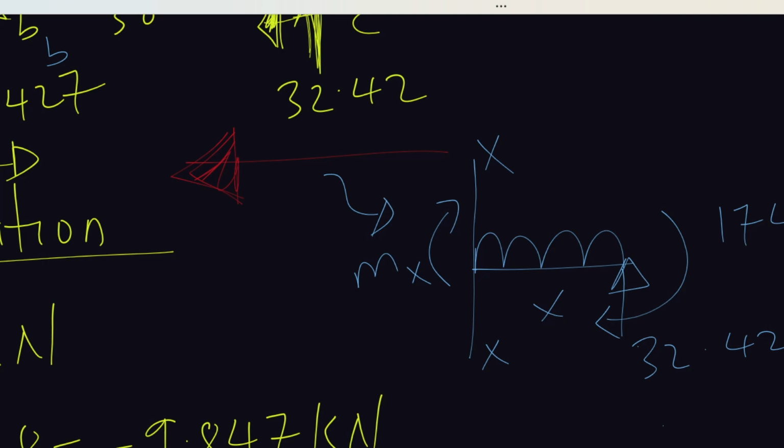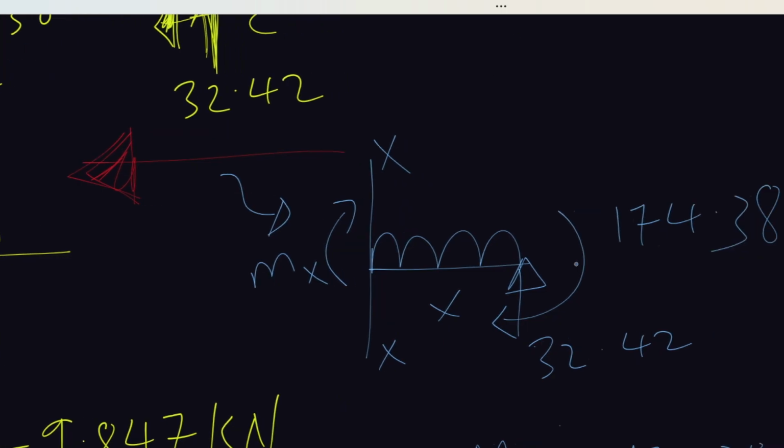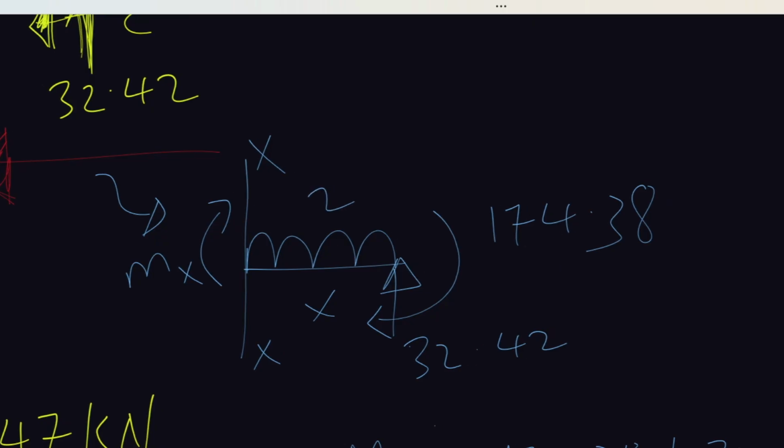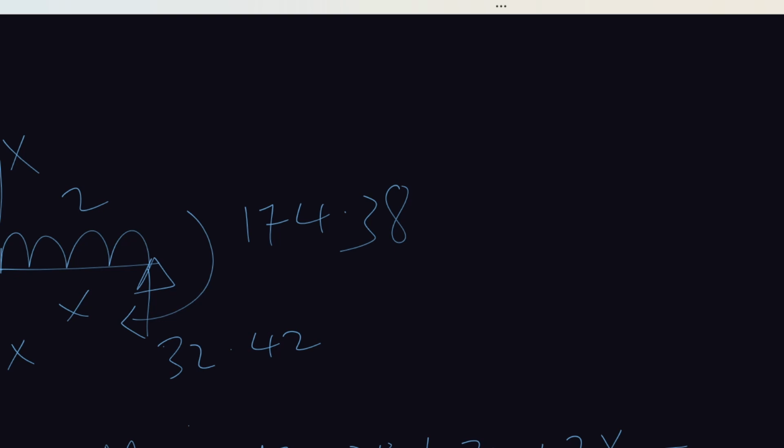So Mx is equal to minus 174.38, bringing it downwards, plus 32.42x upward, minus 2x squared over 2.